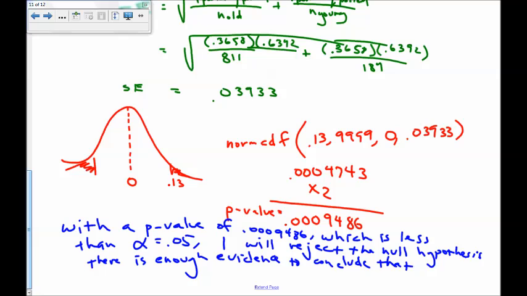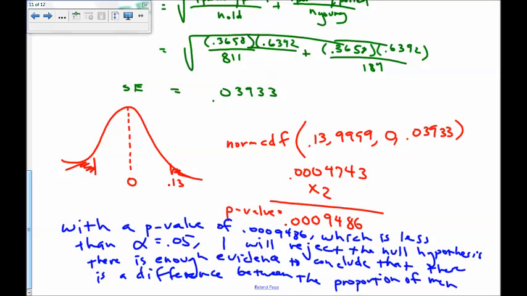that, and my alternative hypothesis was that there's a difference between the proportion of men over and under 30 that snore. That there is a difference between the proportion of men over 30 and under 30 who snore.